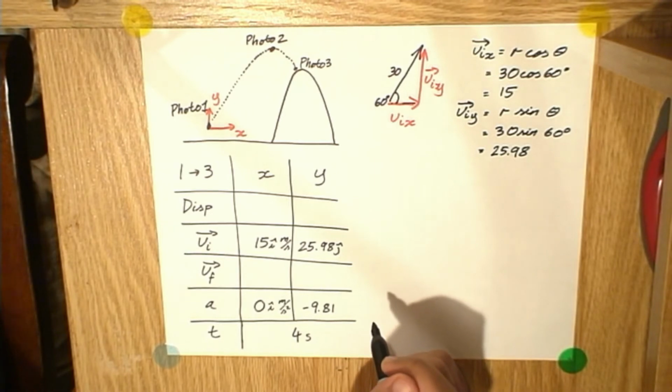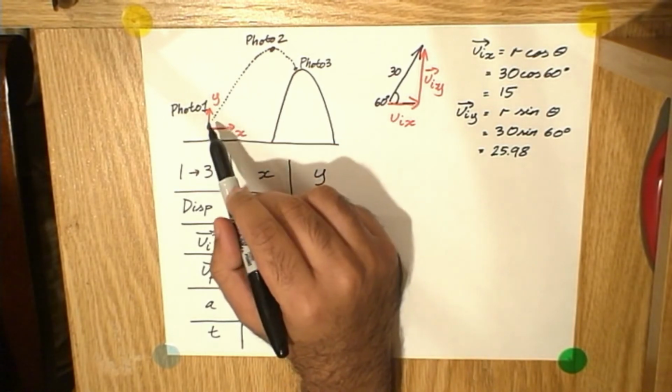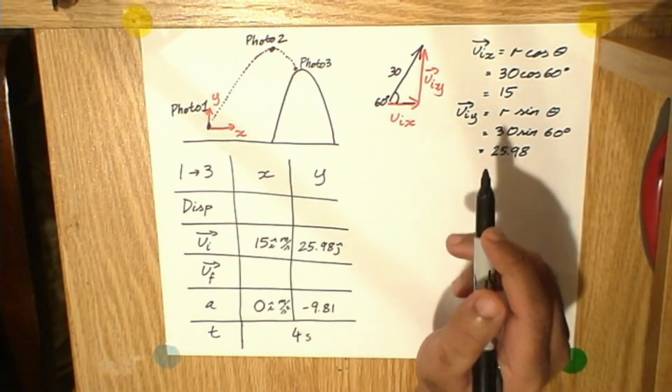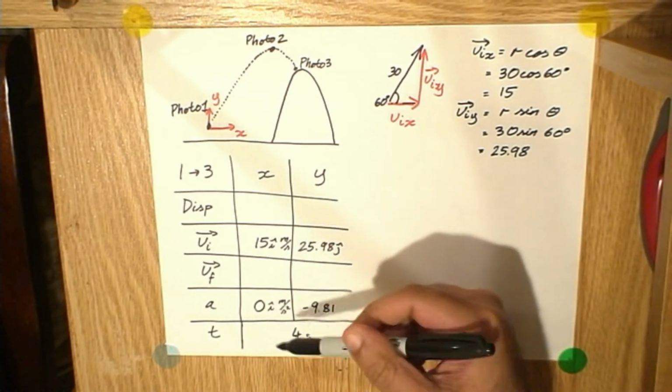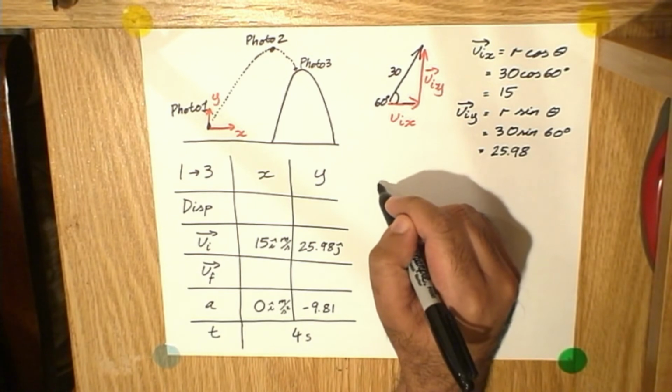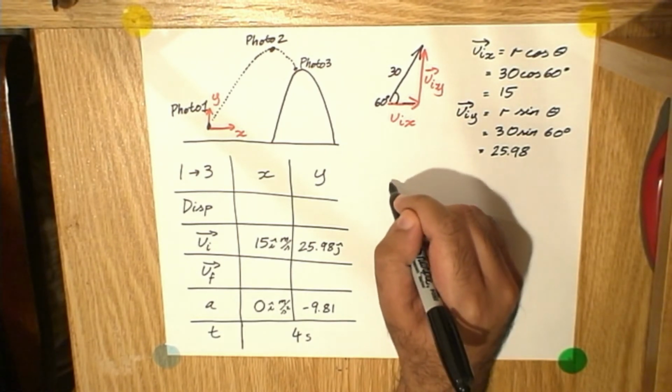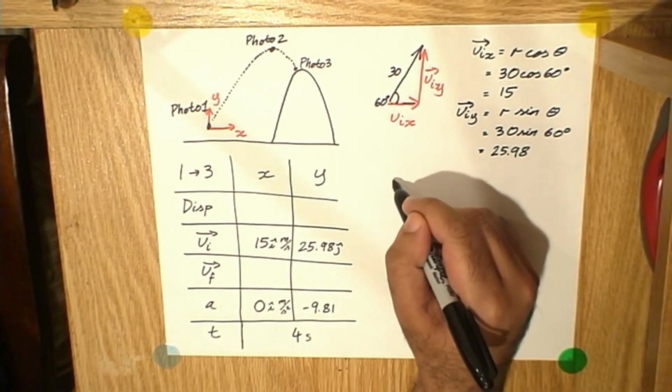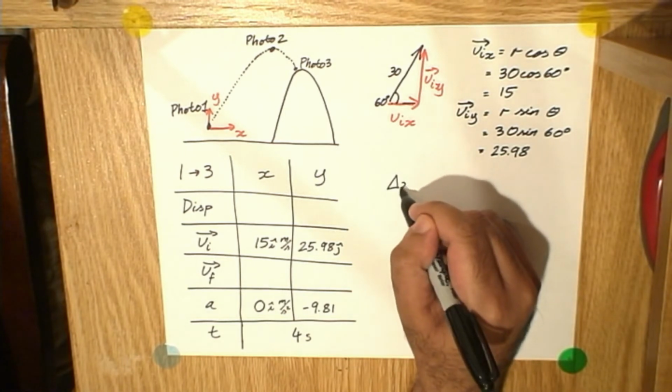So, now that I have this information, let's go on to part A, where we're looking for the displacement between photo 1 and photo 3. So we have a time, we have an acceleration, we have an initial velocity. So for the displacement, we can use toolbox equation number 2.